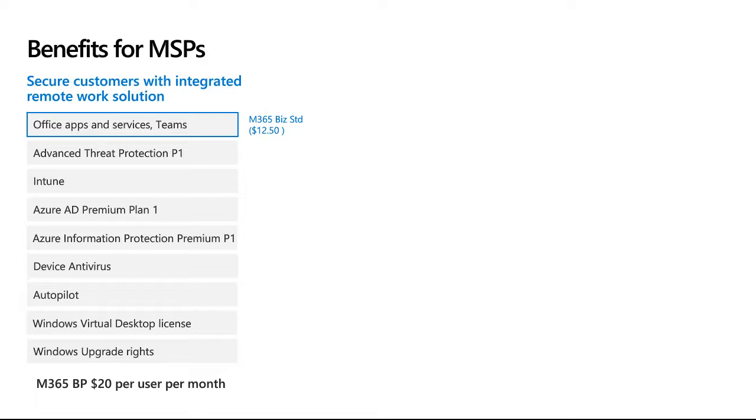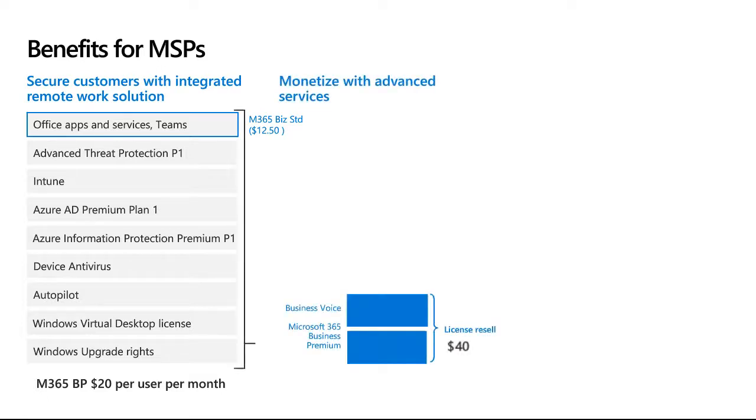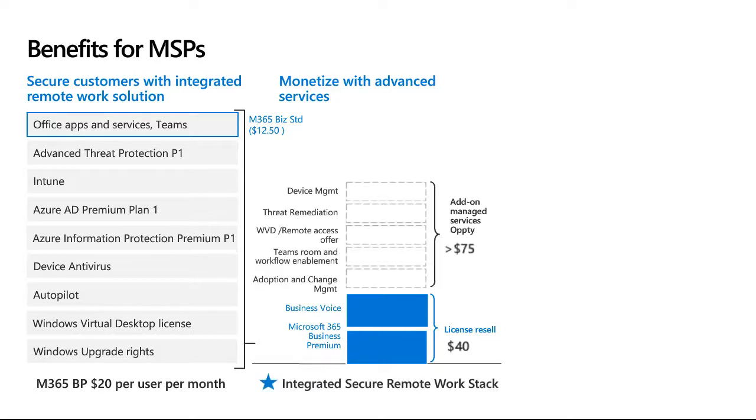You can also build out a robust set of add-on services using Microsoft 365 Business Premium as a foundation. In a recent Forrester survey, research discovered that the most profitable partners have at least 4 or more managed services across collaboration, threat protection, identity, and endpoint management.